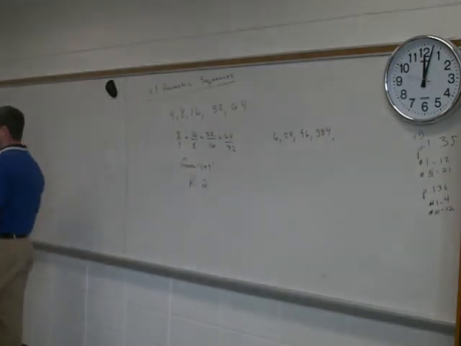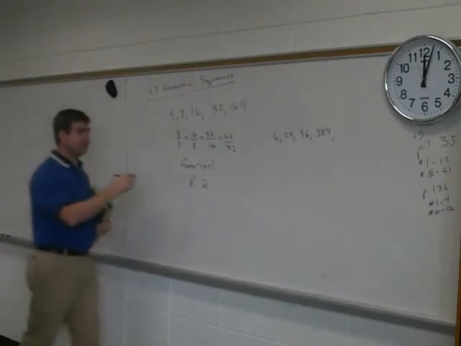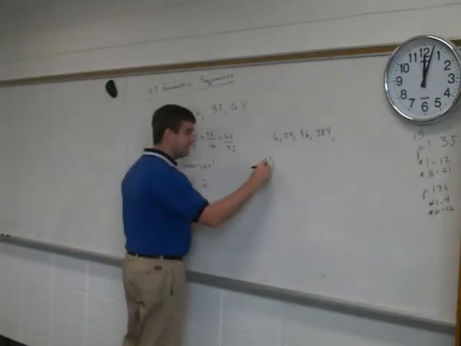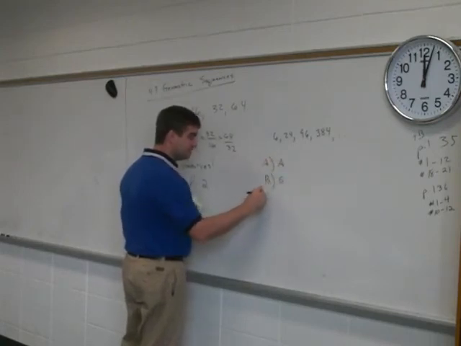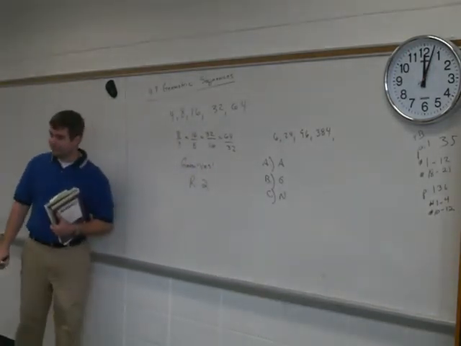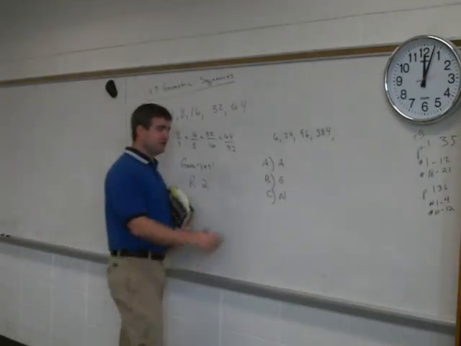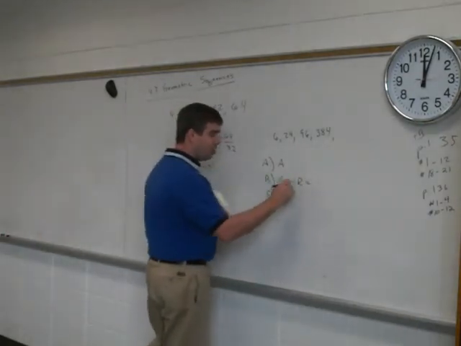Okay. First question is going to say, is it geometric? Is it arithmetic? Is it neither? Right? It might be A, B, C. It could look like this. A is arithmetic, B is geometric, and C might be neither. CPS, you might have to pick one. Okay, what do you think it is? Geometric. All right. Well, if it's geometric, then you need to be able to tell me what R equals.